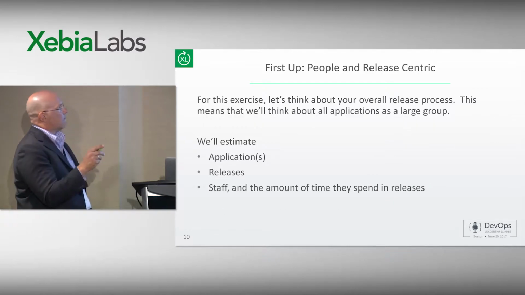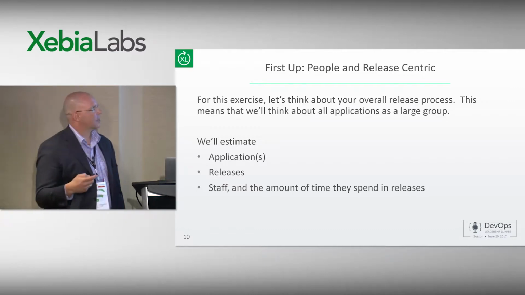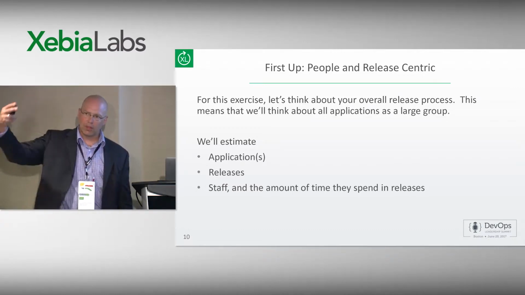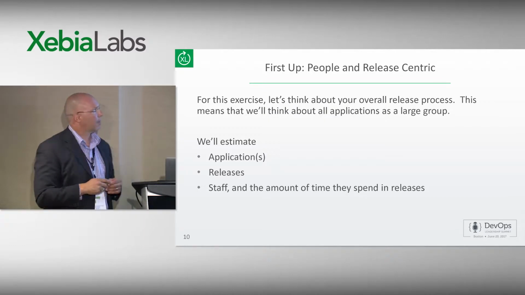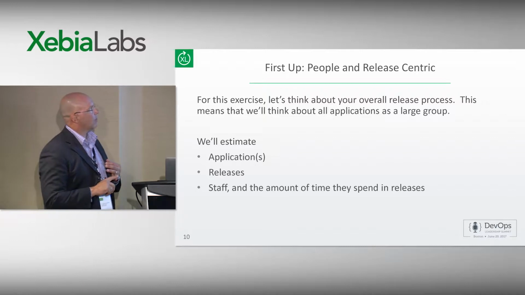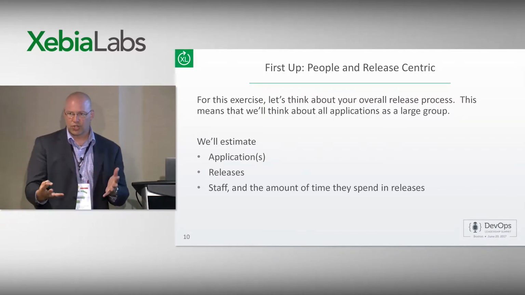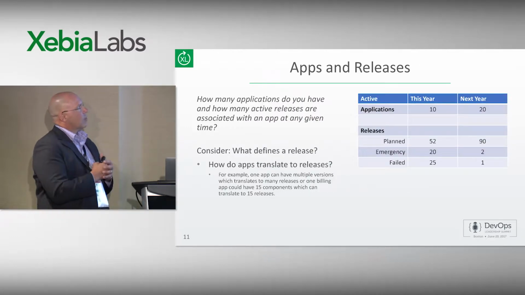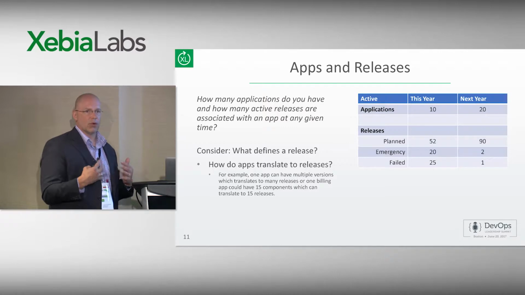The first suggestion I have for you is to think about costing your release process. I want you to think about the people and the releases. That's how we're going to box this up. We're going to estimate applications, releases, and staff. I'm taking a spreadsheet and copying it over for you, and we'll share these out. When you start to think about what you're doing today, remember we talked earlier about goals.